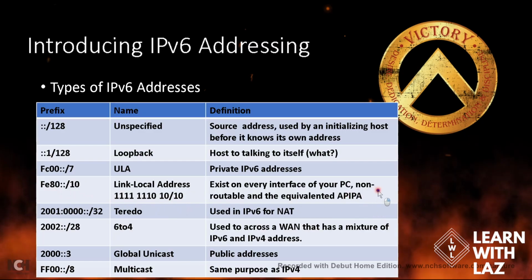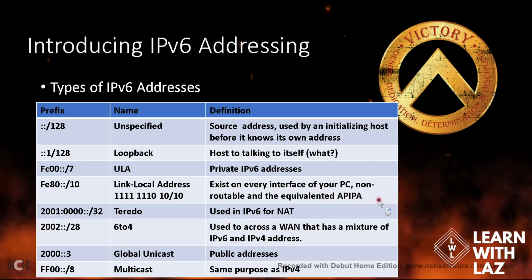And it exists on every interface. You can create your own FE80 if you wanted to. I don't know why, but you may want to for some odd reason. Okay, create your own FE80. All right, you can go ahead and do that. Link local address. Don't take it out. Okay, it's there in case, I guess, backup purposes.